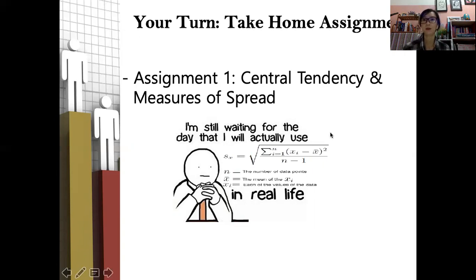So after you do these two assignments, later we will have a feedback session, in which we discuss further why do we need to know how to calculate central tendency and how to calculate measure of spread in our real life, in your real life as students of the teacher training faculty, which means that you are now pre-service teachers.